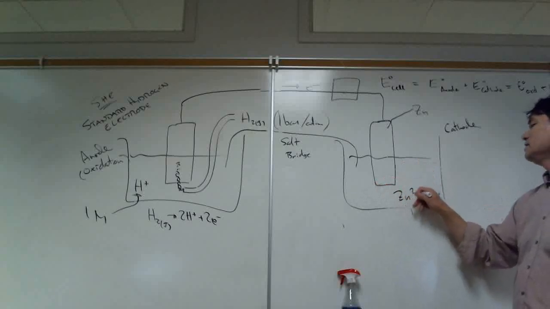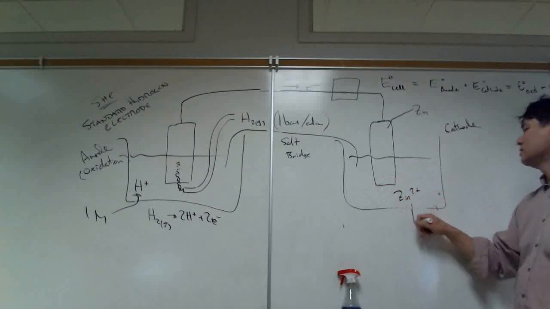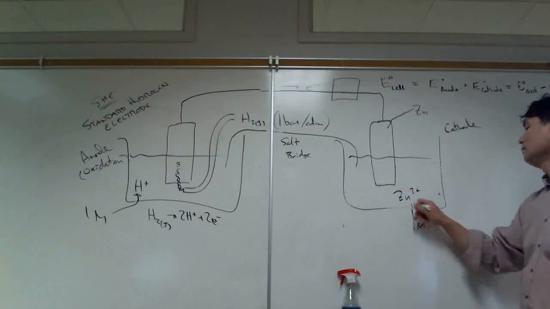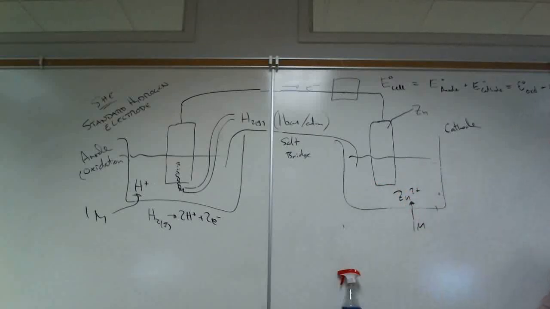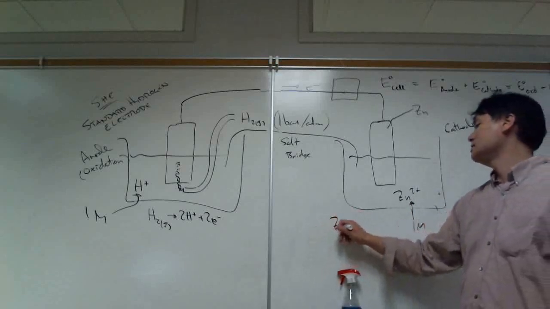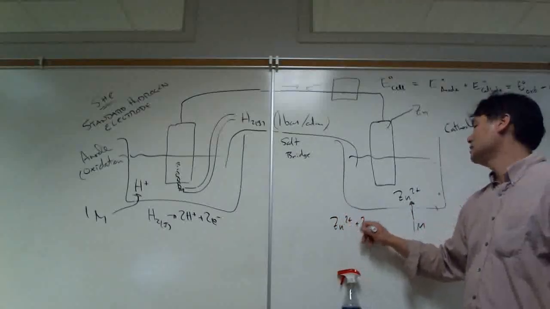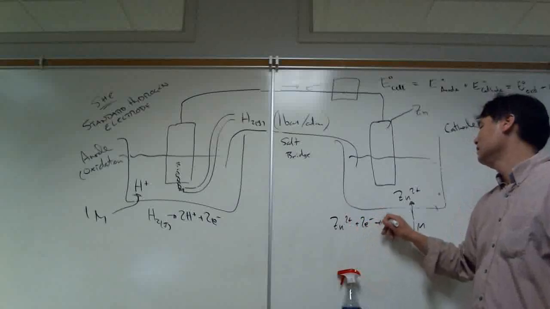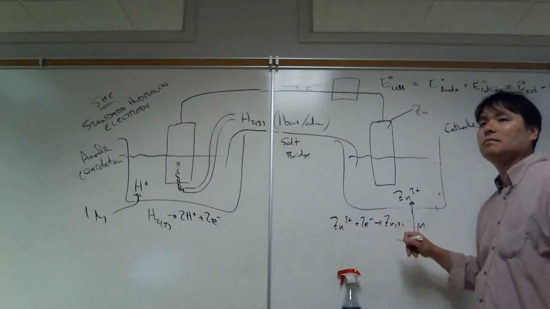I'm going to put in Zn2 plus as my oxidizer. The Zn2 plus is going to be 1 molar here. And so the reaction that should occur here is that Zn2 plus takes 2 electrons to form Zn solid.